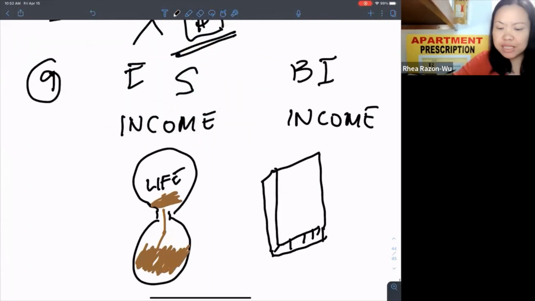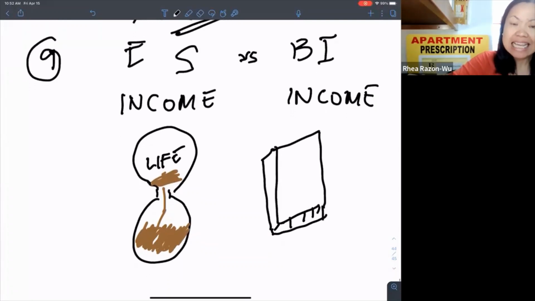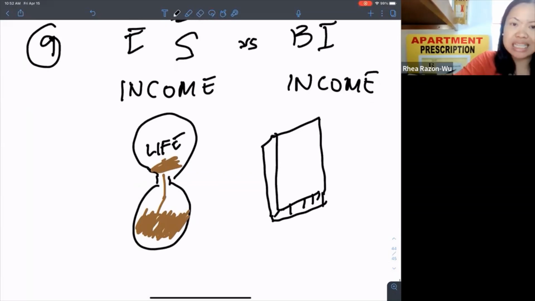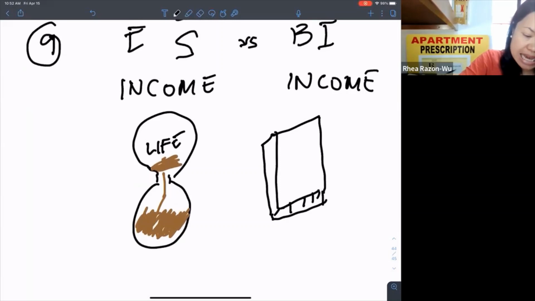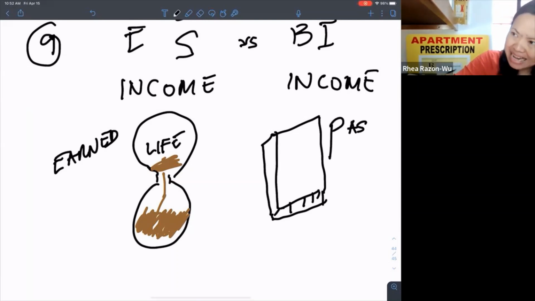So the difference between the E and the S versus the B and the I of income is that the income of the E and the S is earned, whereas the income of the B and the I is passive or portfolio.